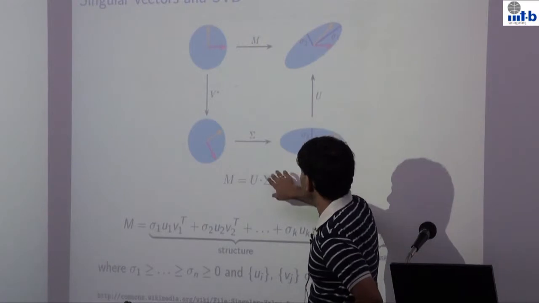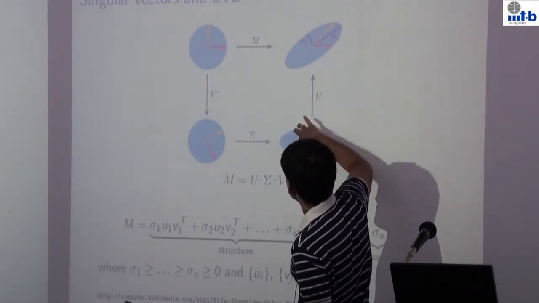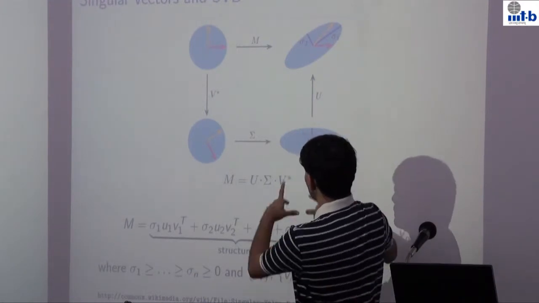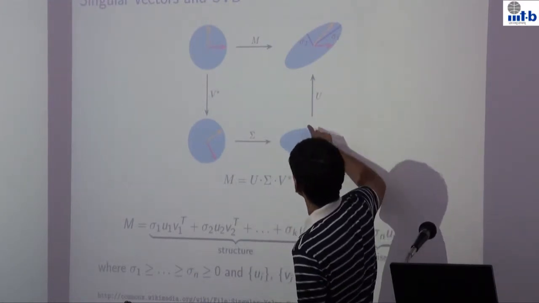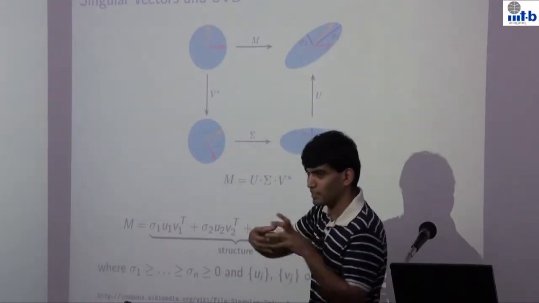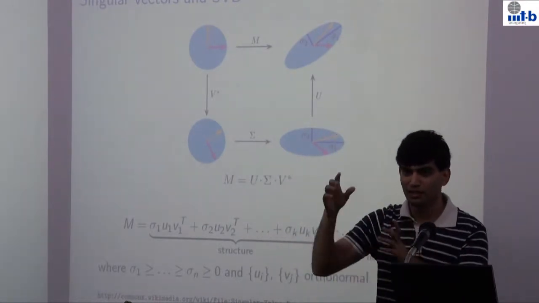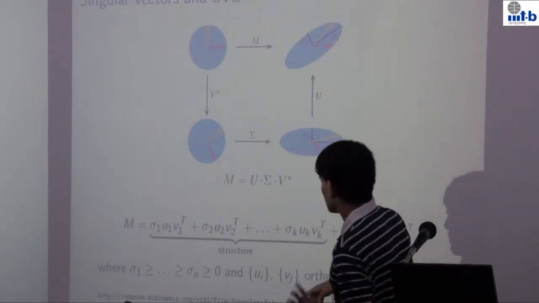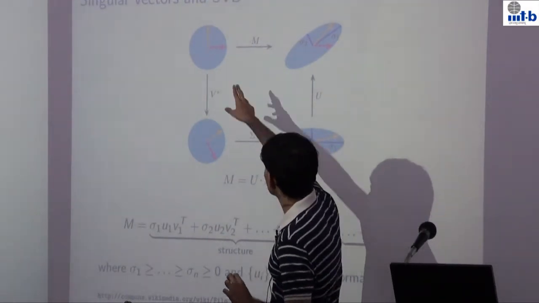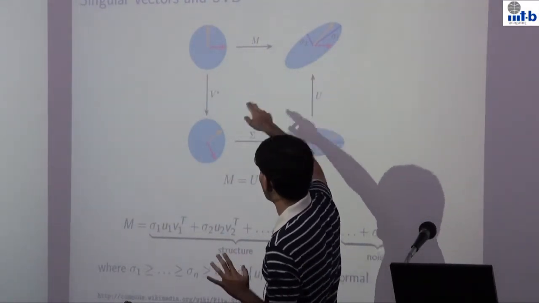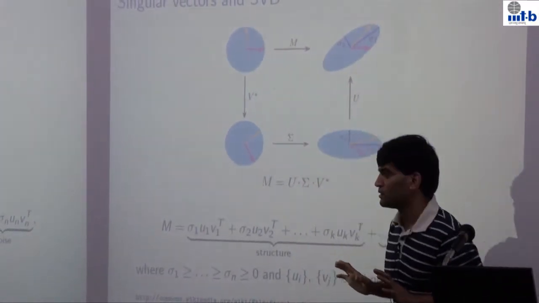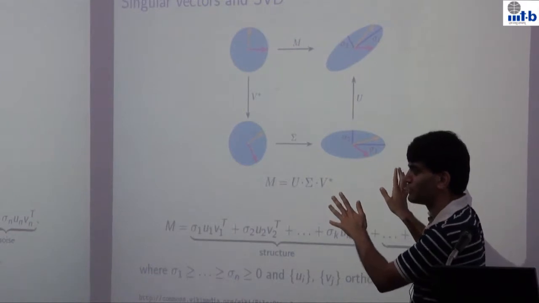And then there is another rotation of these axes, given by U, so that the ellipsoid gets aligned along some direction. Singular value decomposition is just a way of writing this linear map M as a decomposition into 3 maps. So this is the geometric picture of it.